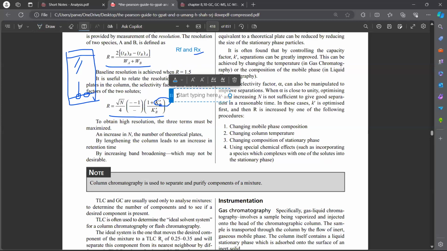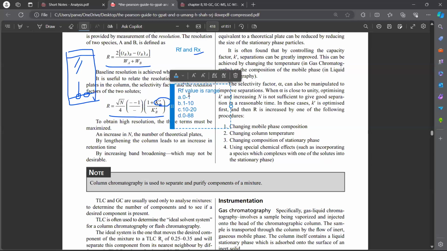Here I have a question for you guys. What is the answer to this question?